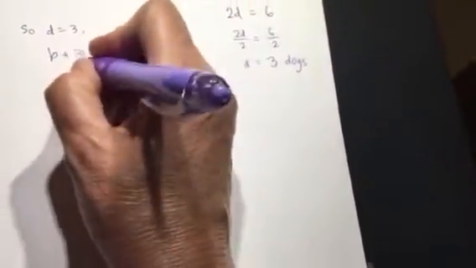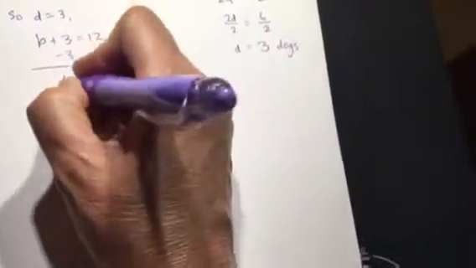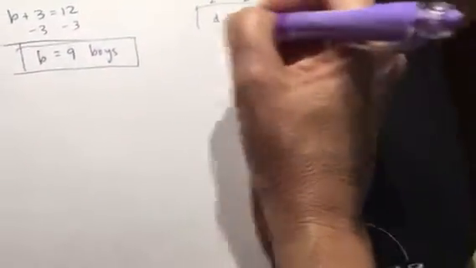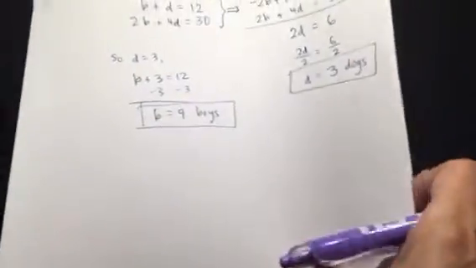Subtract 3 from both sides. And b equals 9. So there are 9 boys. So when you solve this kind of problem, if I'm grading your paper, please box off your answers. That's elimination. Let's work this one also by substitution.